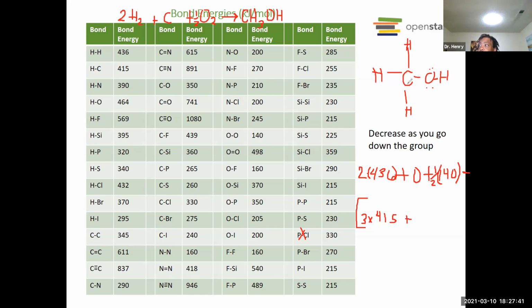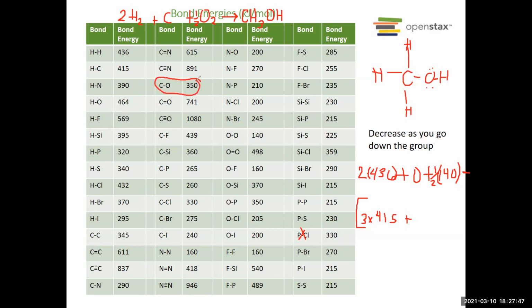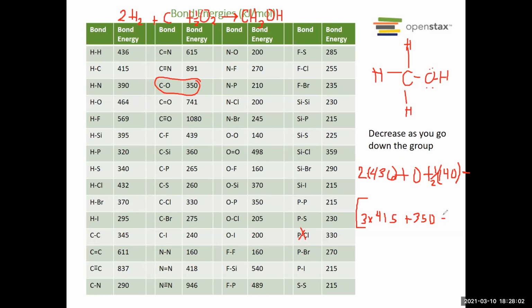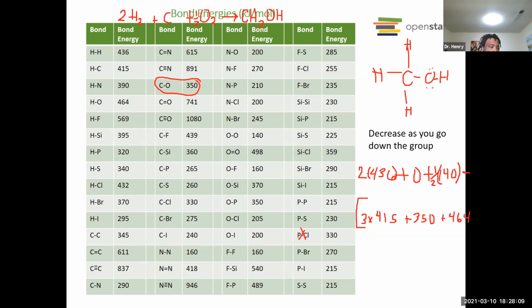Plus C-O, which is 350. Plus O-H. What is OH? 464. So if we do that math, I don't have my calculator.